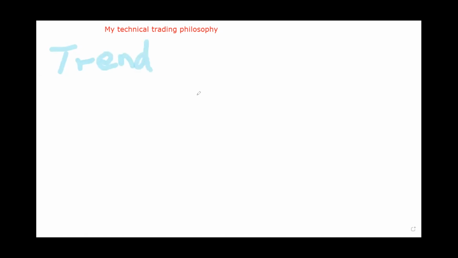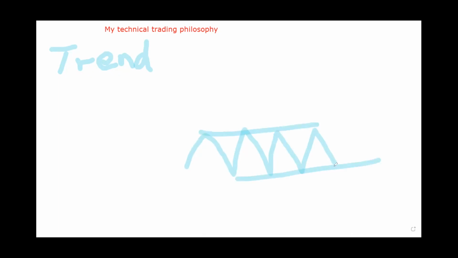I always want to look at a market that is trending and fast moving. If the market is in consolidation, you won't see me trading it. I would rather wait for the price to break out of that range, whether upward or downward, build up some really good momentum, and then I can look for suitable places to join that trend.